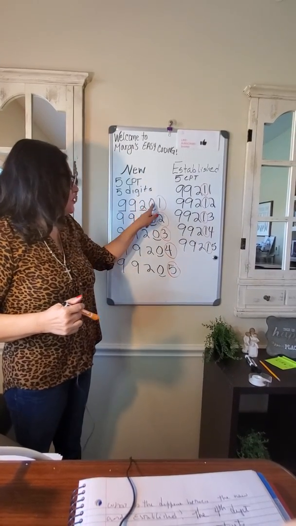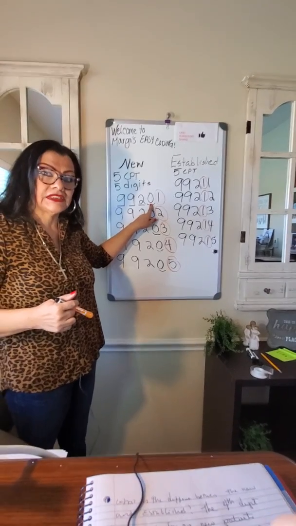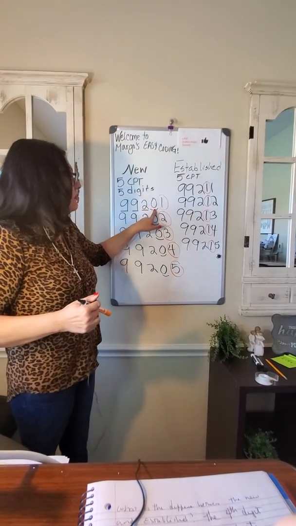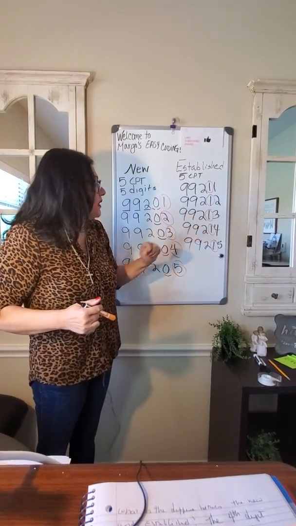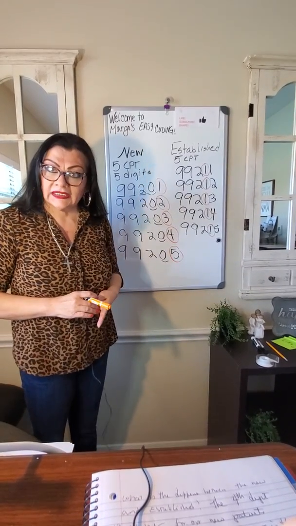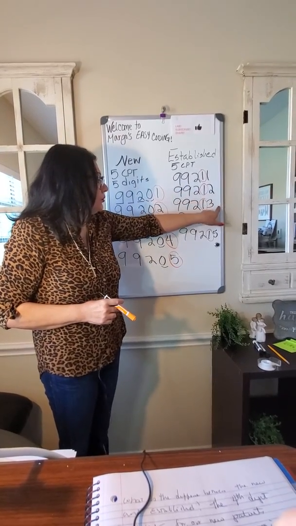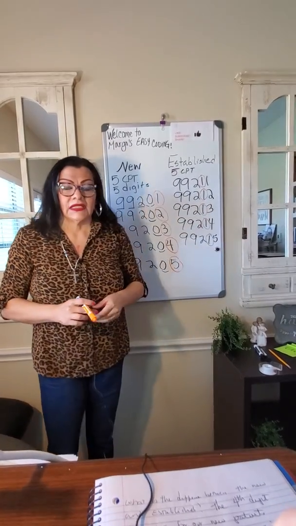If it's a new patient, you're gonna code with a 0. Your 4th digit will be a 0. But if you're coding for an established patient, your 4th digit is always gonna be 1. And again, 1, 2, 3, 4, 5.